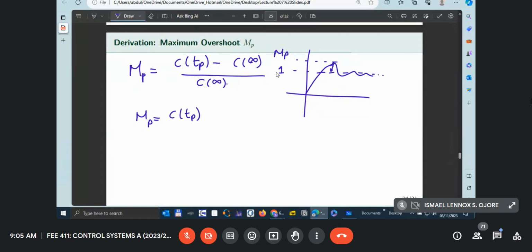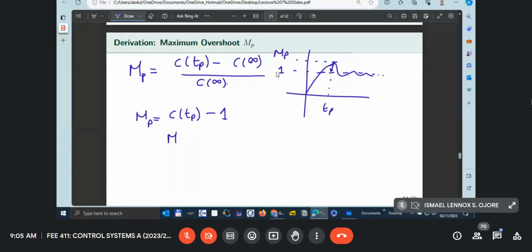This value at that point is when we have Tp. So it is the response at Tp minus 1, and it is minus 1 because of a unit step.